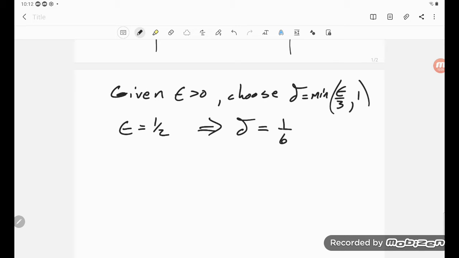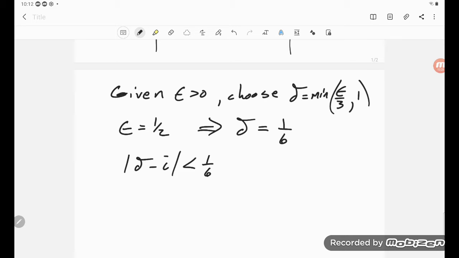Okay, because that's the minimum of a sixth and 1. And so, will this work? Well, if I choose that, so what I have right now is |z minus i| has to be less than a sixth.